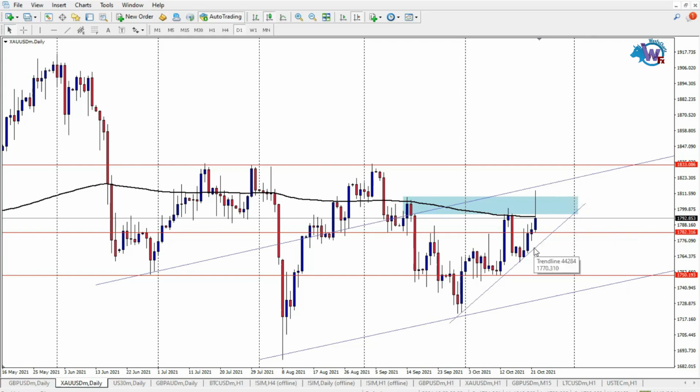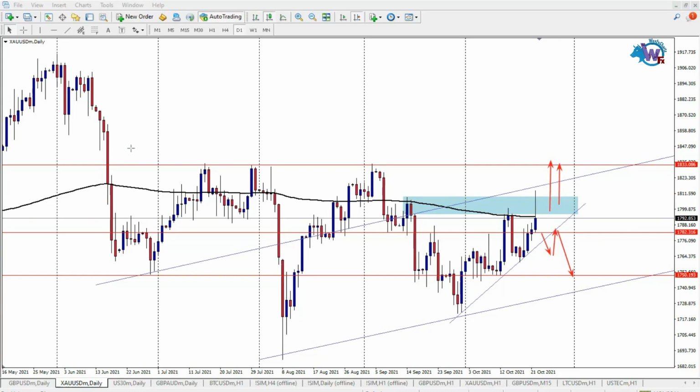So this trend line is valid for the buys and also valid if the 1782 level is taken out. Then we can now look out for a break of that trend line. So we look out for a break of this trend line, a retest, then you can have your smooth ride to the downside. But ultimately, like I said, we'll be focusing on gold pushing higher at least to 1833 price level.